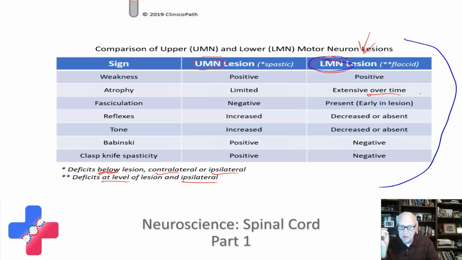And fasciculations are another classic marker of lower motor neuron lesions. Fasciculations are not easy to explain, there's really no basis for them, but these are intermittent and transient vibrations of the muscle itself. They just start quivering. So the patient can feel it, and you can see it as an observer.